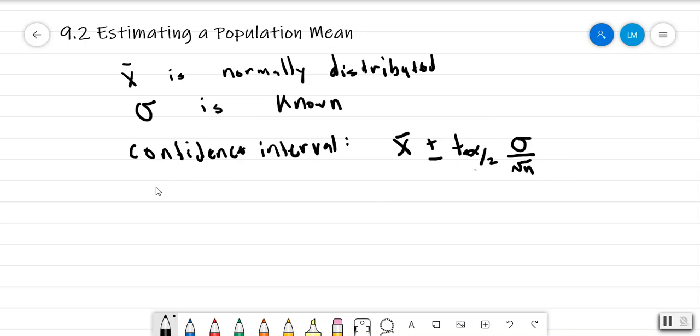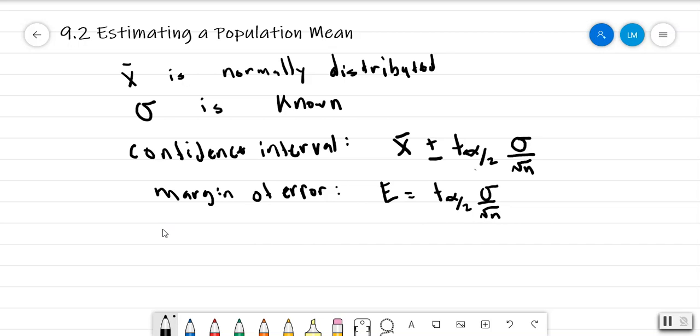So we can say that the margin of error is given by E equals t sub alpha divided by 2 times the standard deviation divided by the square root of n.